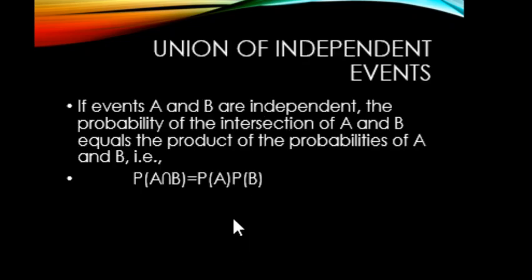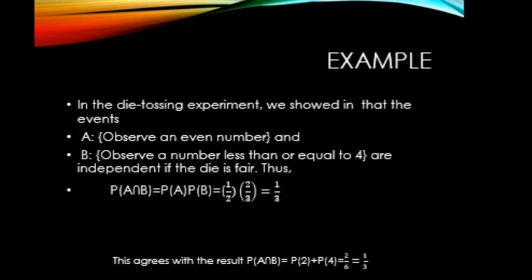We just have probability of A times probability of B. This can be really helpful in solving for the probability of intersection of two or more events that are independent of each other.